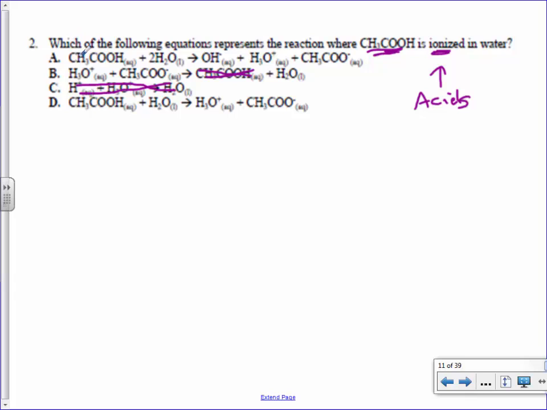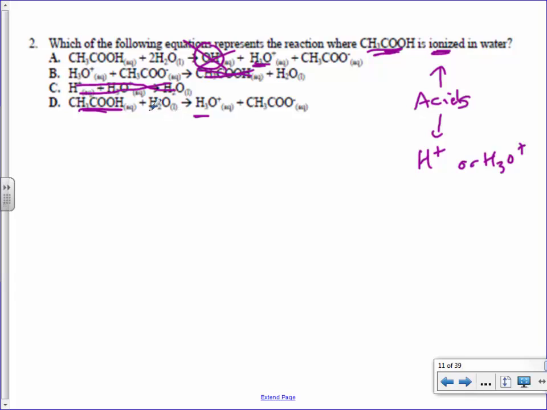So hopefully you're down to A or D. One of the things hopefully you recognize about acids is that acids involve H+, or possibly H3O+. And yes, both of them involve that. But this guy right here throws in a base for some odd reason. But acids don't make hydroxide, do they? So that rules this one out.